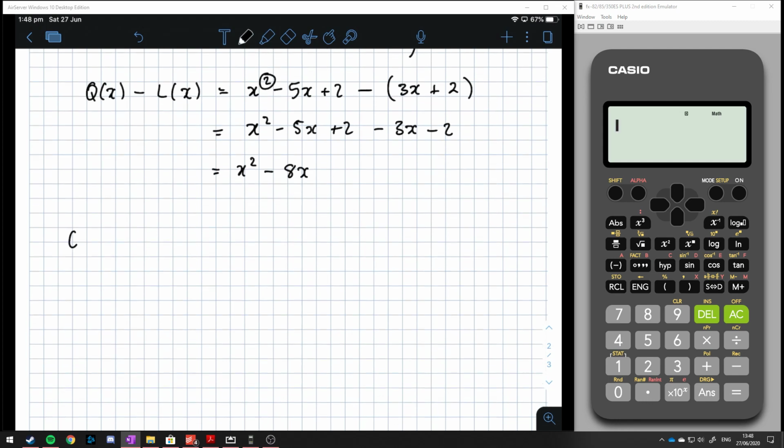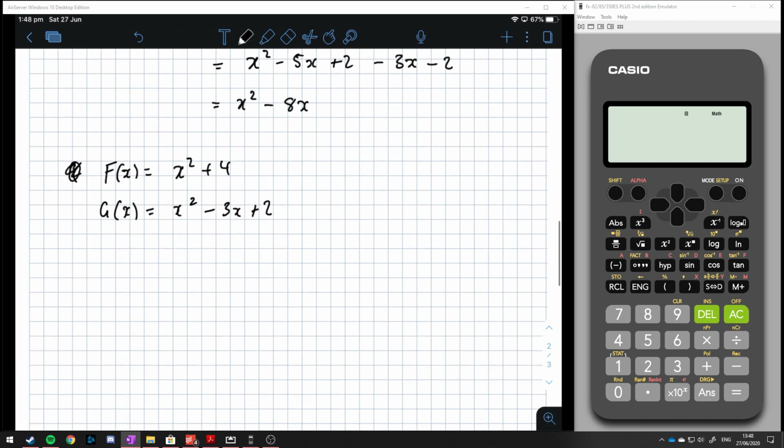So let's go, f of x is equal to x squared plus 4, and g of x is equal to x squared minus 3x plus 2. And then I said, okay, what's g of x minus f of x?